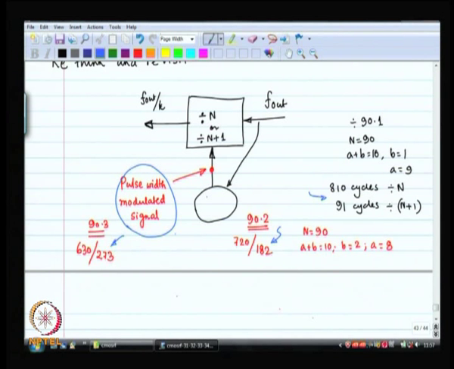Are there better ways to get this pulse width modulation? You are getting a pulse width modulated signal by counting clock cycles. You are counting cycles of f out and you are saying for this many cycles I will have a 1 over there, for this many cycles I will have 0 over there, and that is your pulse width modulated signal.